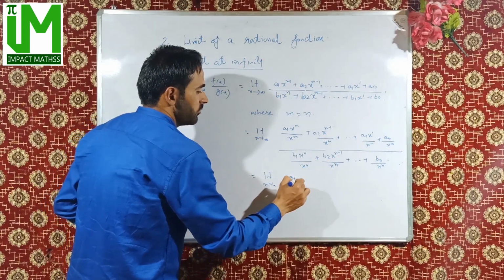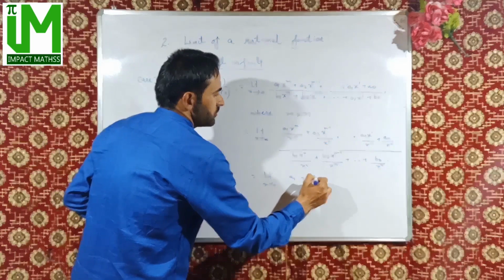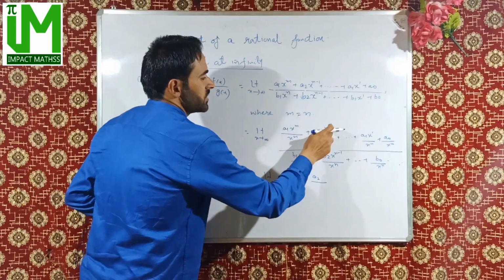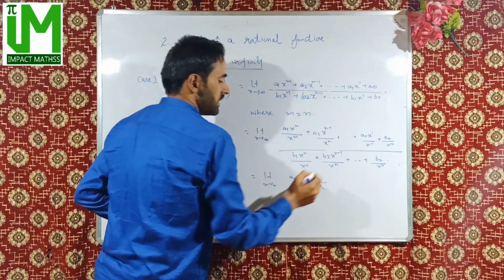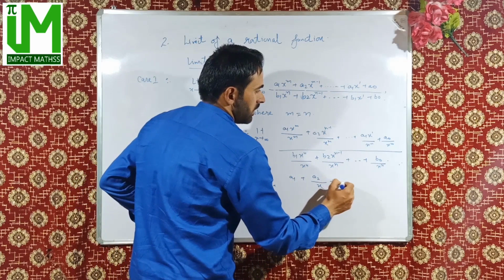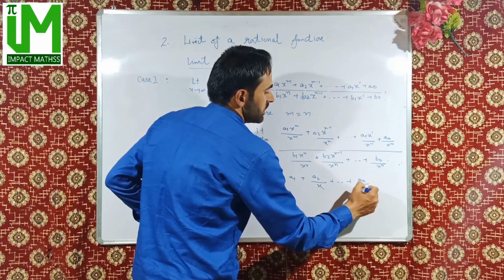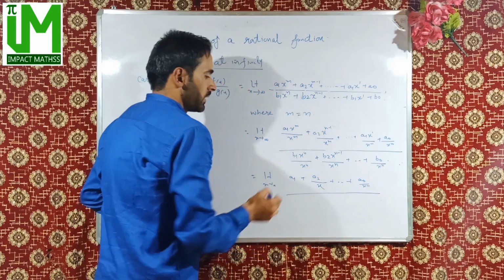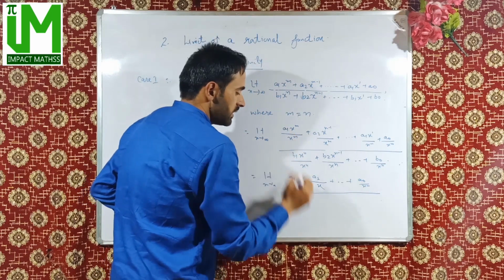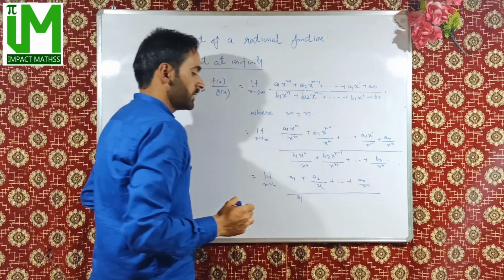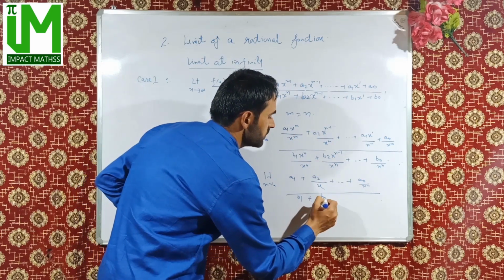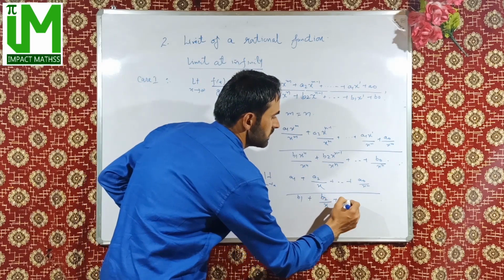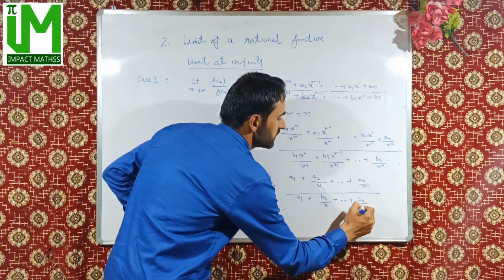It will be a1 plus a2 divided by x, and x raised to power m cancels out, so it will be a1 plus a2 divided by x plus up to a naught divided by x to the power m, divided by x raised to power n, and x raised to power n cancels out, so it will be b1 plus b2 divided by x plus up to b naught divided by x to the power n.